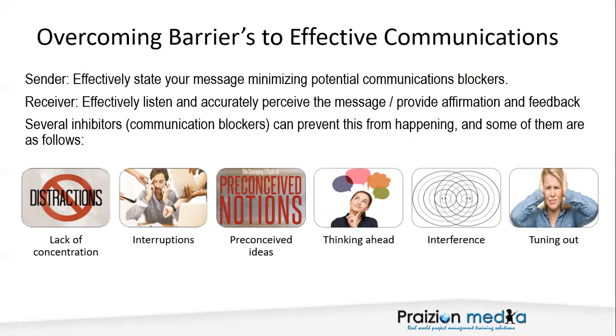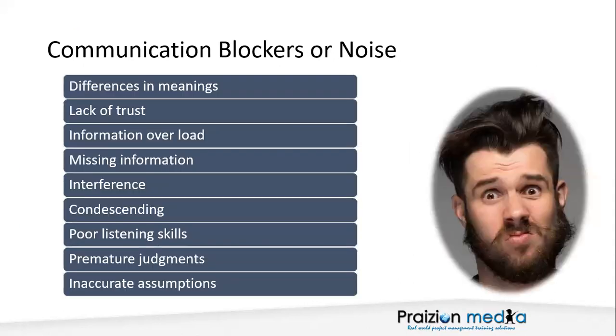The blockers are lack of concentration, interruptions, preconceived ideas, thinking ahead, interference, tuning out, maybe different meanings in what you're communicating. If I say boot, maybe you're thinking of a shoe, but I really meant trunk. It really depends on the context. Lack of trust could be a blocker. Information overload, missing information. What about interference on a phone line? Being condescending, maybe poor listening skills, premature judgments, inaccurate assumptions.